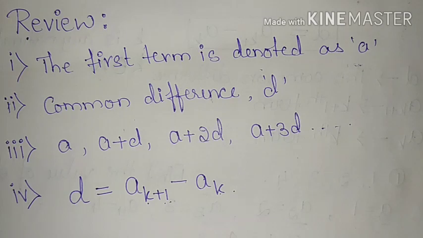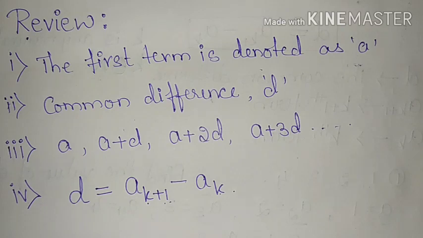Those kinds of APs are known as finite arithmetic progressions. The other type of AP was infinite arithmetic progressions, in which we cannot determine how many terms that AP has. For example, the set of natural numbers. In the set of natural numbers, there are infinitely many terms.